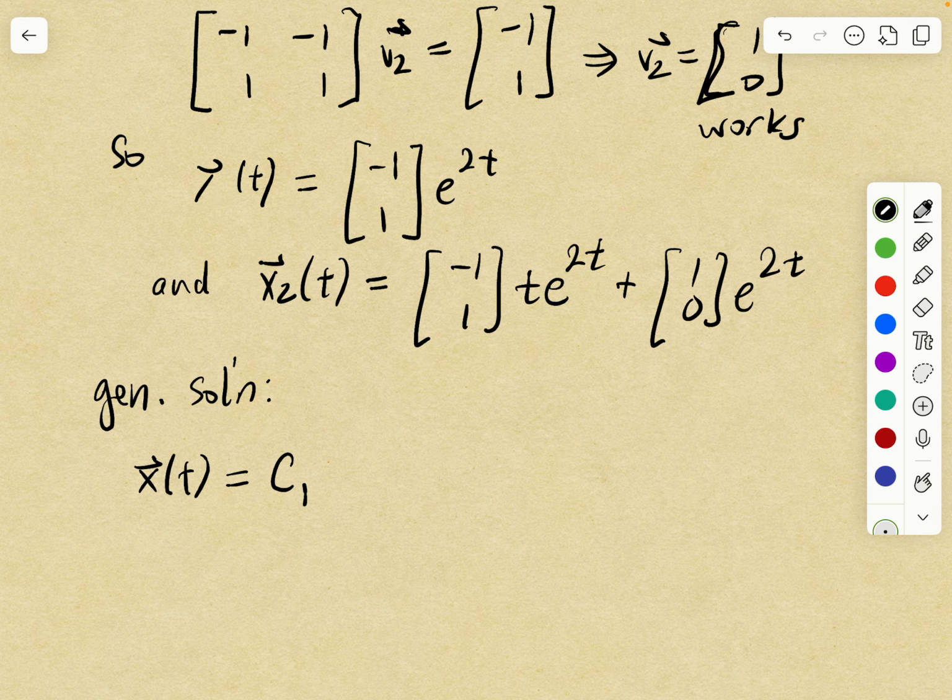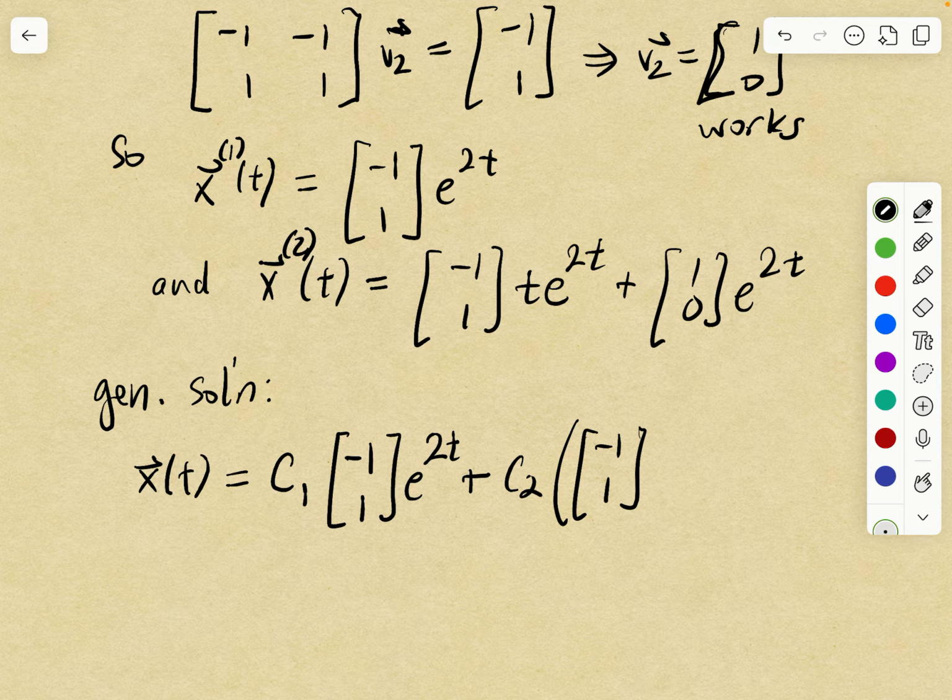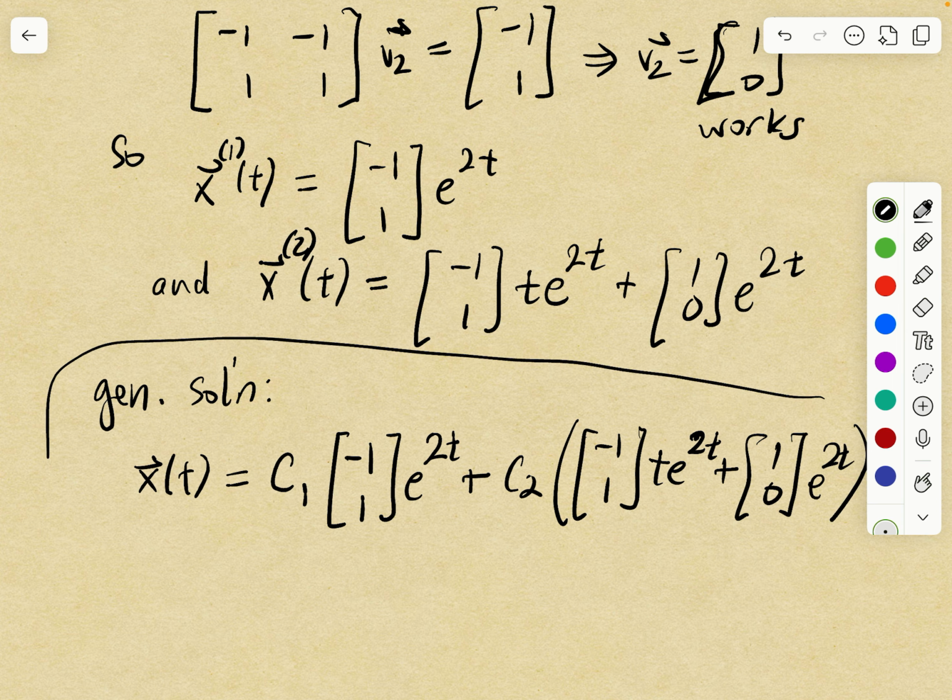I should have maybe been more consistent with my notation, with the superscripts on x1 and x2. So c1 x1 plus c2 x2, where c1 and c2 range over all possible real numbers. So that's my general solution.